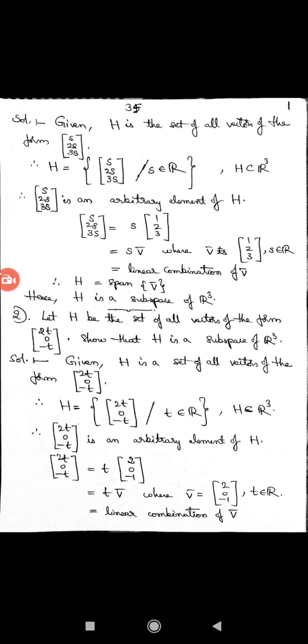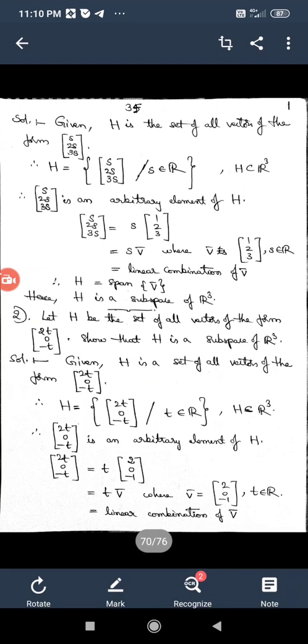Now let us move on to the next problem, the second one, and it goes like this. Let H be the set of all vectors of the form (2t, 0, -t). Show that H is a subspace of R3. Here we are given a column vector of the form (2t, 0, -t).